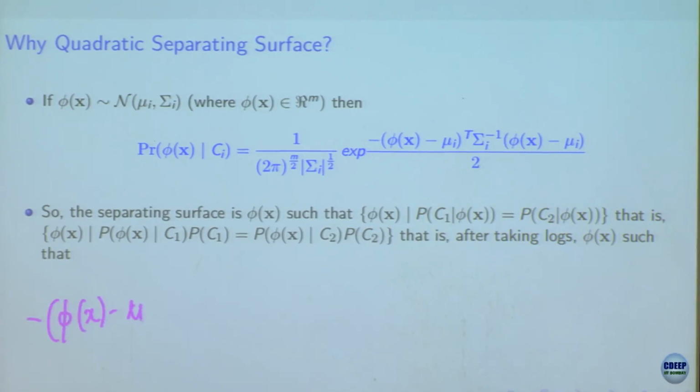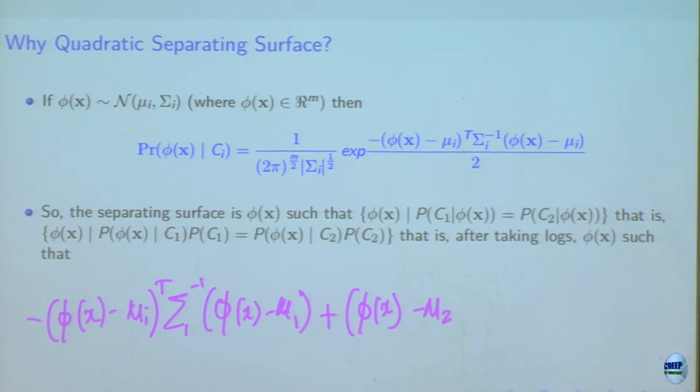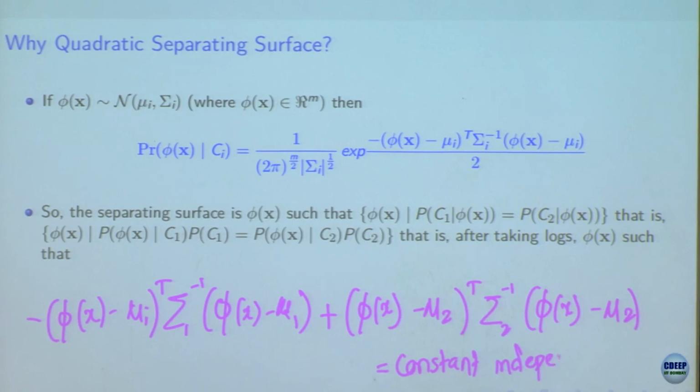You get minus phi x minus mu 1 transpose sigma 1 inverse phi x minus mu 1, plus phi x minus mu 2 transpose sigma 2 inverse phi x minus mu 2, plus some terms independent of x.